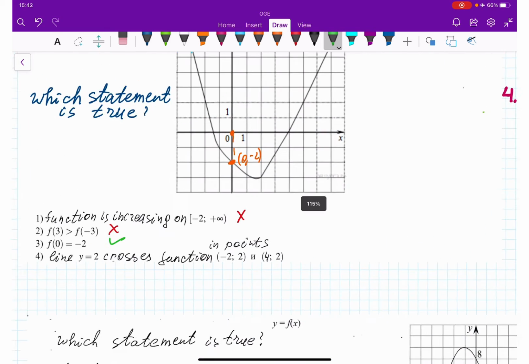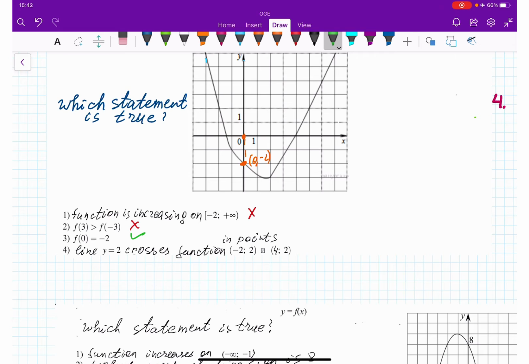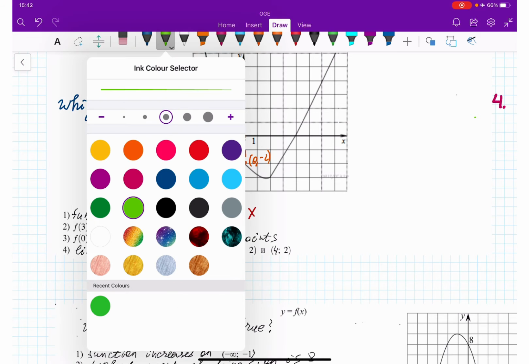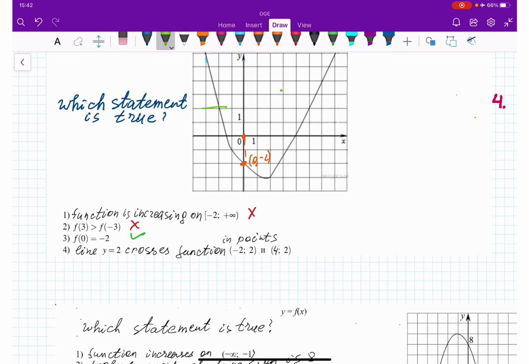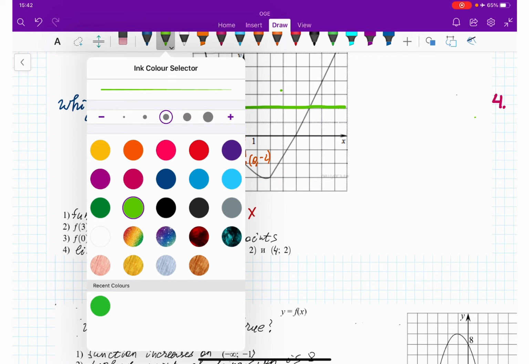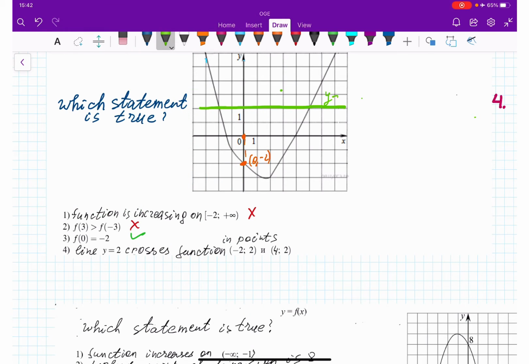It says the line y is equal to, let's provide this line. Let me get thick. Line y is equal to 2 crosses function in the point negative 2 and 2. Okay, let's see, where is it? This is negative 2.